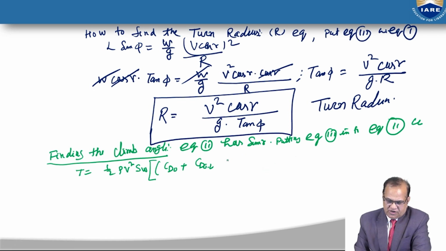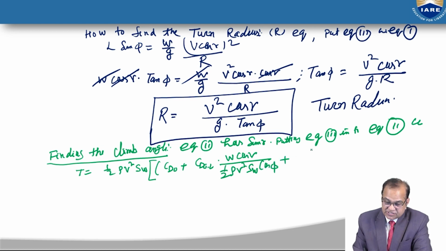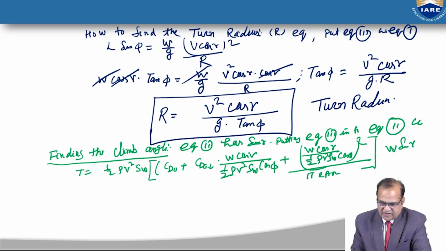So CD naught into W cos of gamma divided by half rho V square SW cos of phi, plus CL square, meaning W cos gamma by half rho V square SW cos of phi whole square, divided by pi E aspect ratio, into W sin gamma.